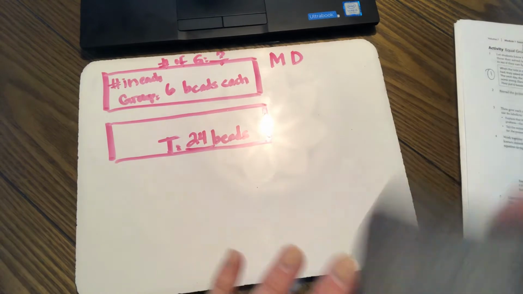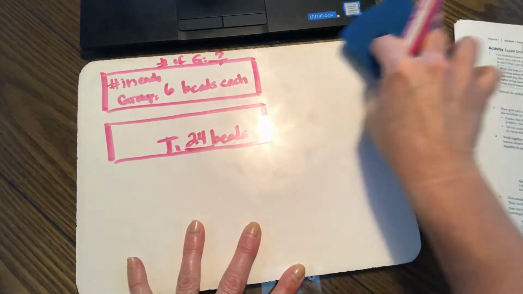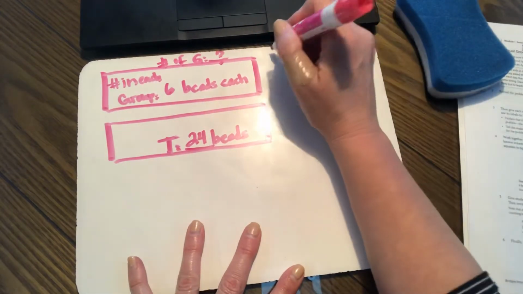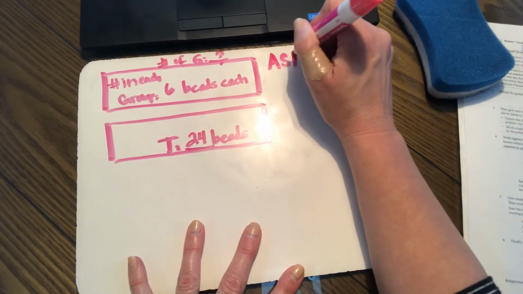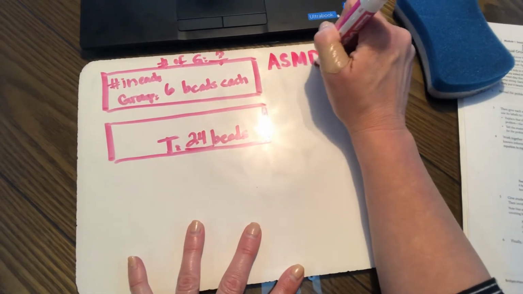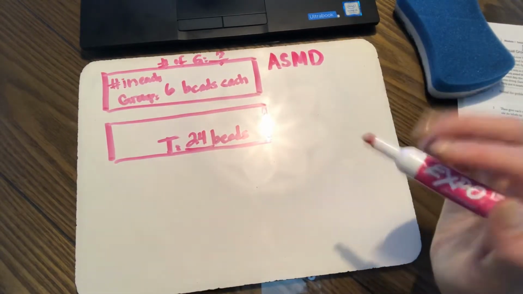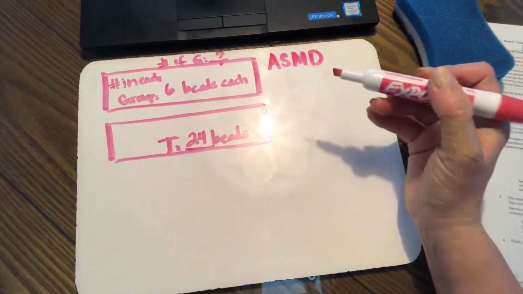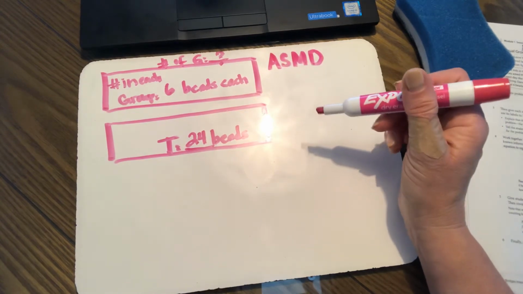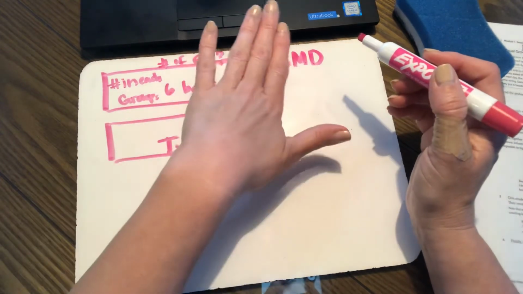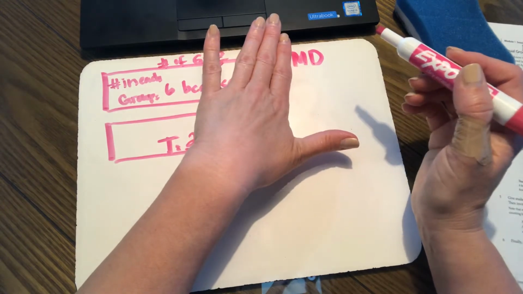Now, interestingly enough, boys and girls, in addition and subtraction, all of the labels in the story that are relevant for solving are the same. In that case, if the labels are the same, we would add or subtract. I haven't really brought the add and the subtract into it at this point.